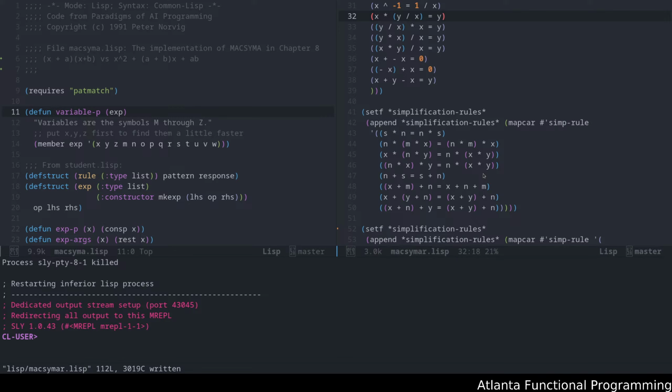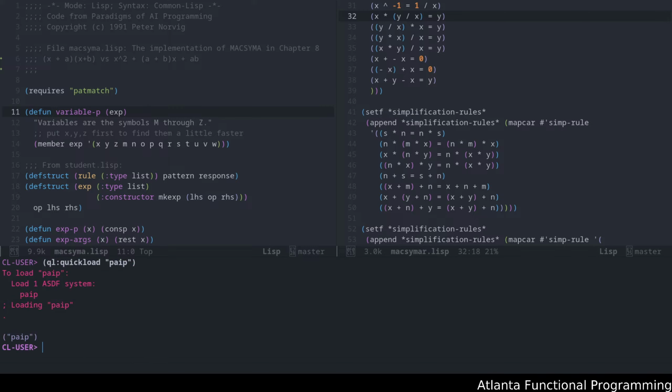And the easiest way to do that, give me a second, I think is just to check out, just to make sure that we have the latest. Okay, let's do a quick load PAIP here.